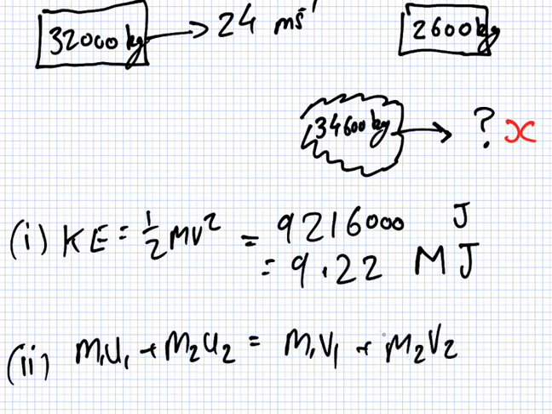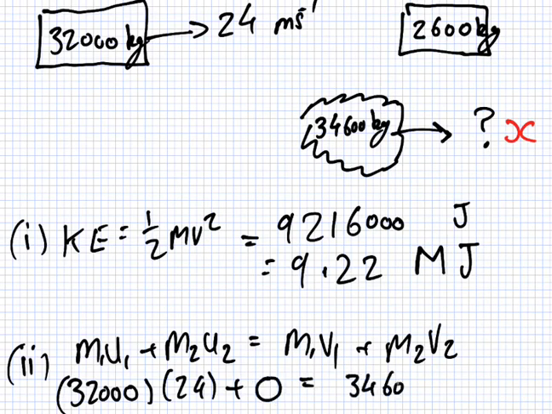But in this case, there's only one mass because they've come together. So you would get m1u1 plus m2u2 equals this new mass here times x, plus, well, there's nothing else, plus 0.